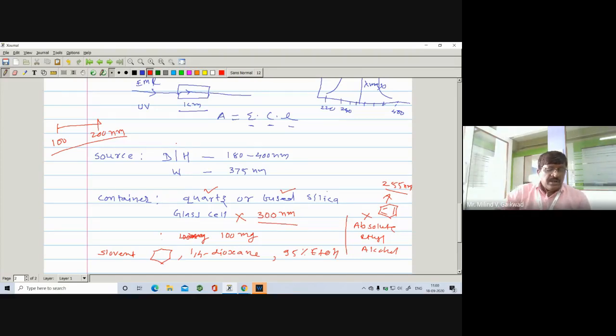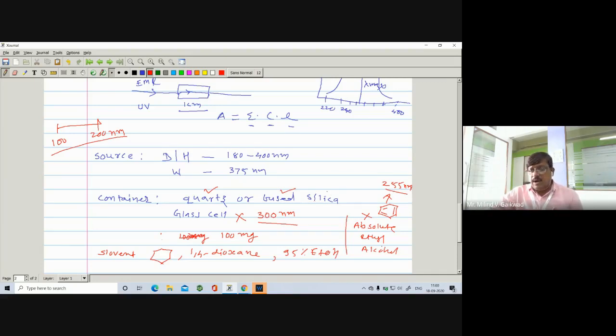Because this region is useful for finding the presence of carbon-carbon single bonds. Air and moisture also absorb this radiation, and that's why we are not using it. So it is not useful for detecting the carbon-carbon double bond. It is useful for finding the bond energy, and it is called vacuum ultraviolet.